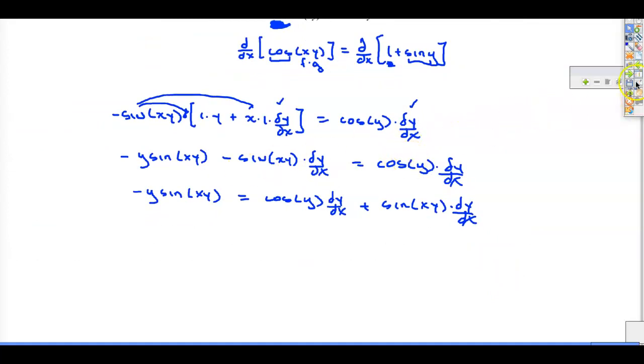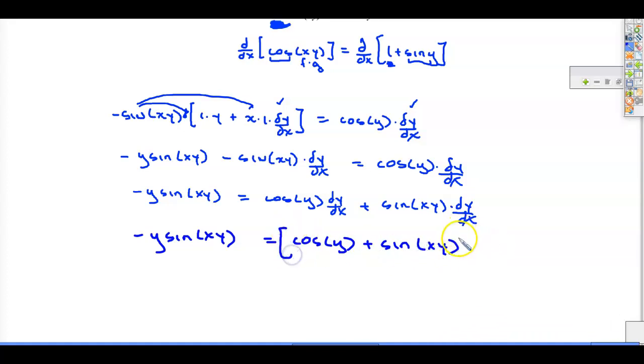So what this is going to be is a minus y, this is going to be sine xy, and then this is going to be cosine y plus sine of xy times dy dx.